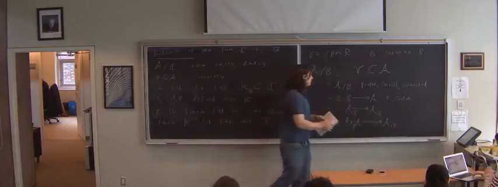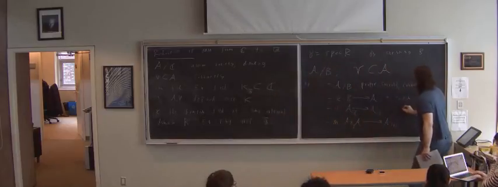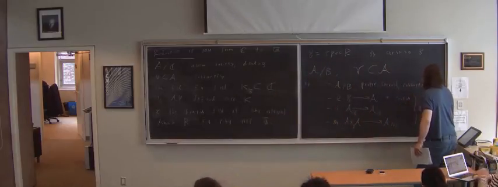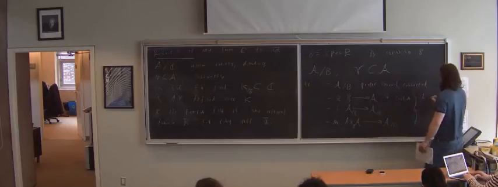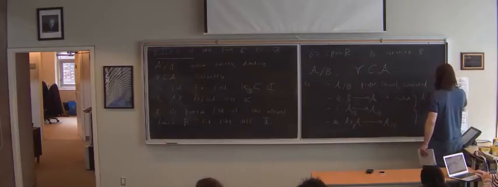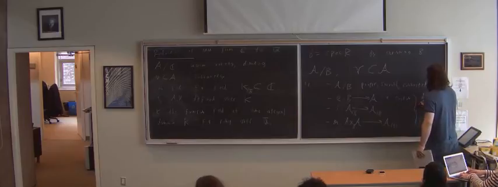These three things make A an algebraic group, or an abelian variety, over B.